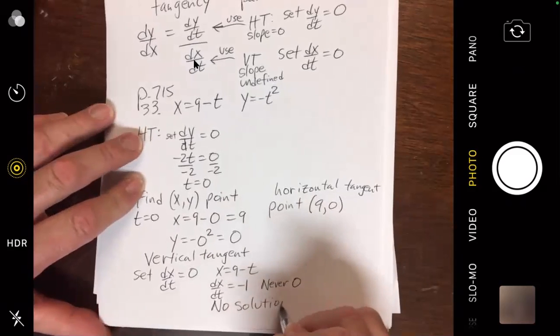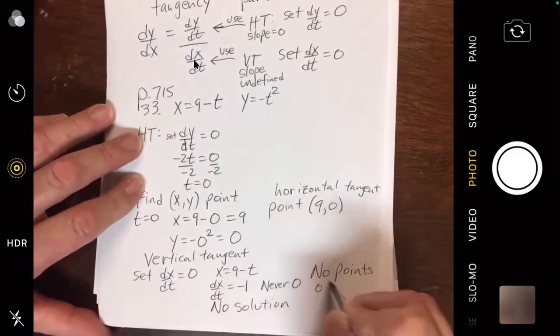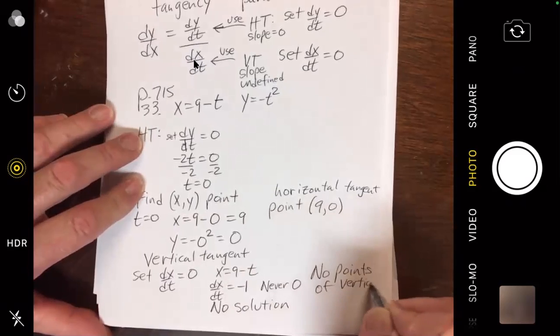So there are no points of vertical tangency. If I did have a t value out of this, I would plug that t value into x and into y.